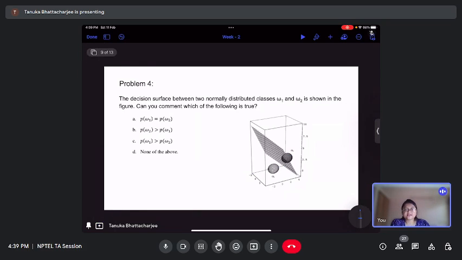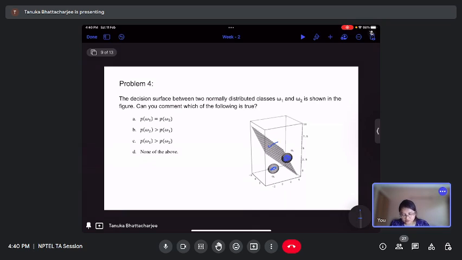Moving on to the next question. Here it is said that the decision surface between two normally distributed classes omega 1 and omega 2 is shown in the figure. So this is omega 1, this is omega 2 and this is omega 1. These two are the distributions of data points belonging to classes omega 1 and omega 2, and this is your decision surface.